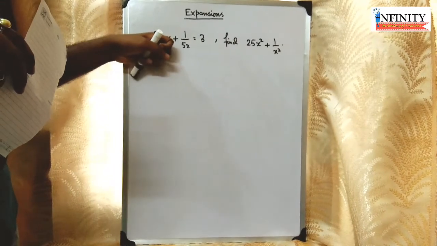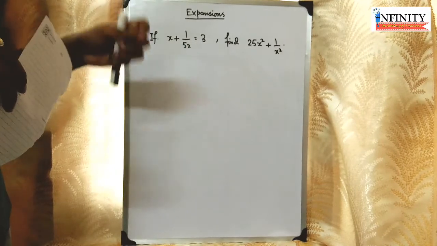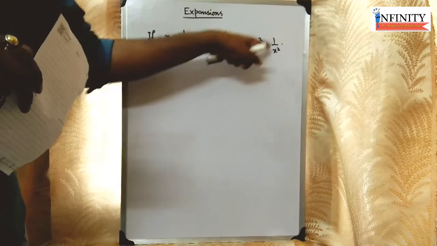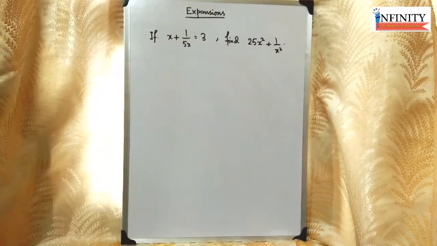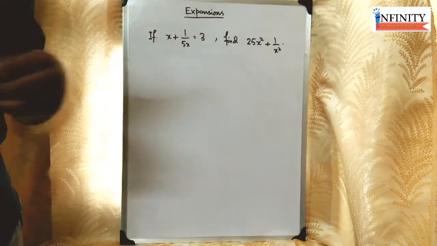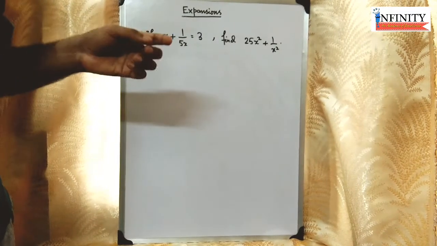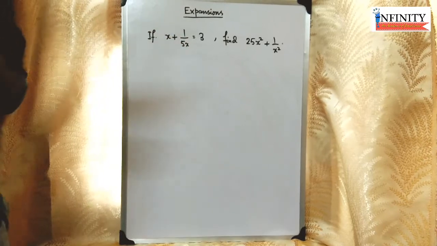That is x square plus 1 by 25x square. But here you have to find 25x square plus 1 by x square. That is, coefficients are interchanged, right? If the coefficients are interchanged in the required term, then you have to change the coefficient in the given term, right?